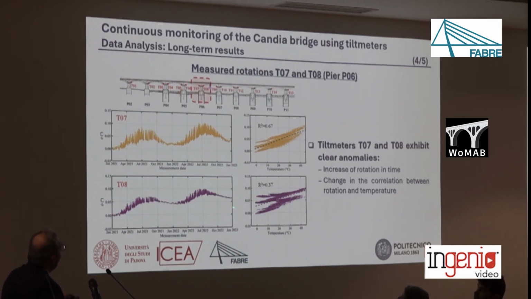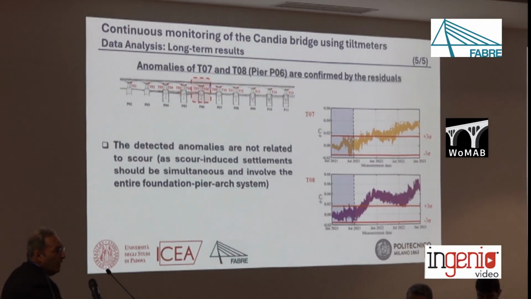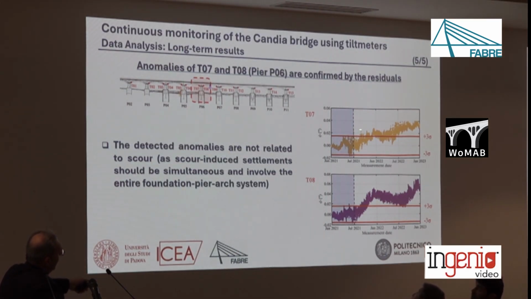And the same happens also for the other tilt meters installed on the same pier. Of course, if we try to work in terms of residual, so the difference between the predicted rotation and the measured rotation, we obtain this kind of behavior, and you can see that at a certain point there is a clear deviation out of the acceptable range of plus or minus 3 times the standard deviation.